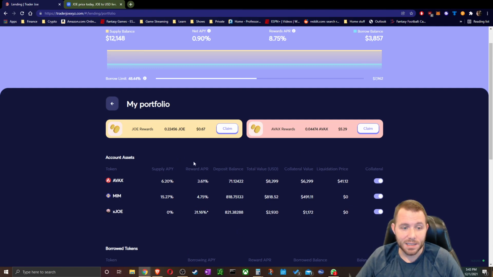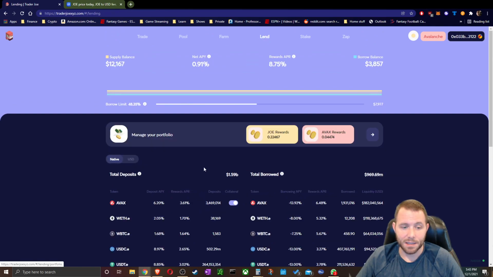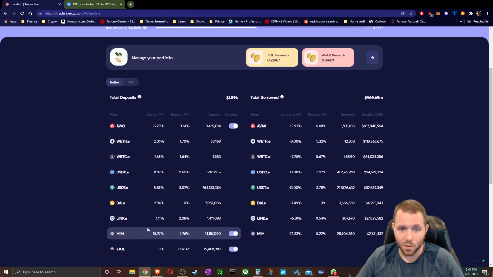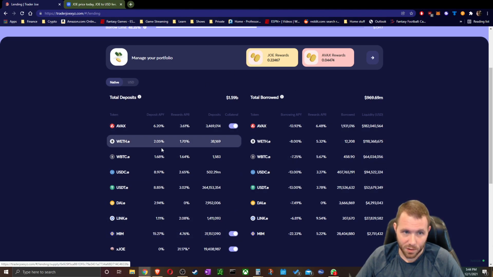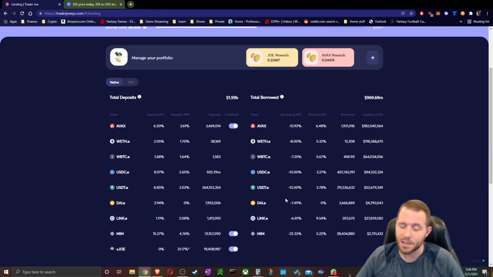Why? Because this is how we do something called looping, where we are essentially adding collateral: depositing collateral, borrowing against it, depositing more collateral to increase your amount of collateral, borrowing against it, and just doing this back and forth.